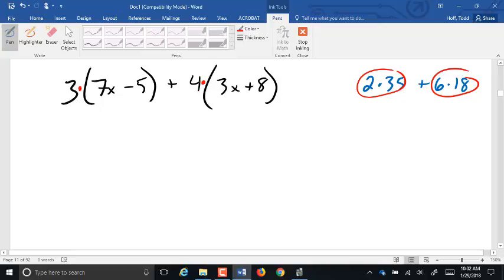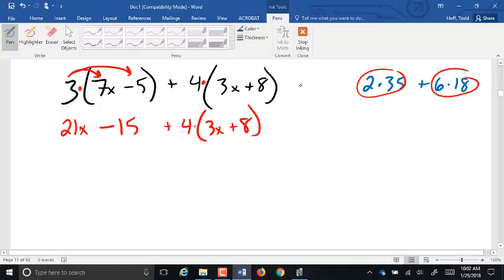So I will multiply 3 times the 7x minus 5. Well, 3 times 7x is 21x. 3 times negative 5, negative 15. Now, technically, I should do that multiplication and then rewrite the rest of the problem.